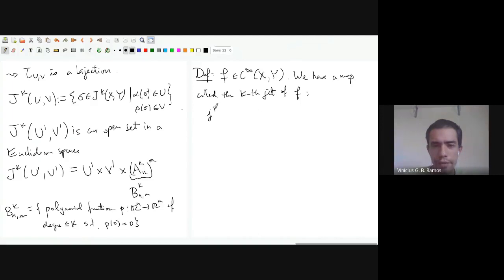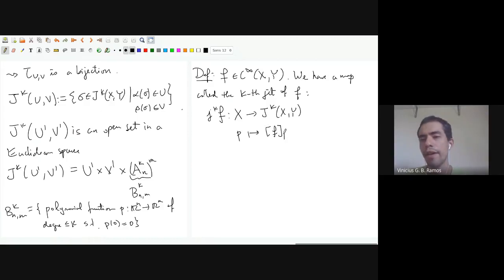And it's the following. It's basically the kth derivative of f. But in here, what you get is a map from X to the kth jet space. So this generalizes the idea of the differential. This basically takes a point P to the kth jet of f at P.